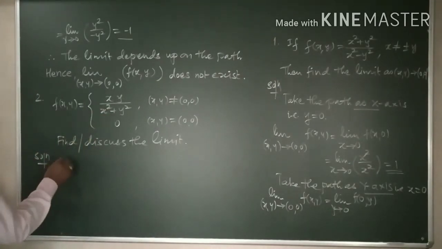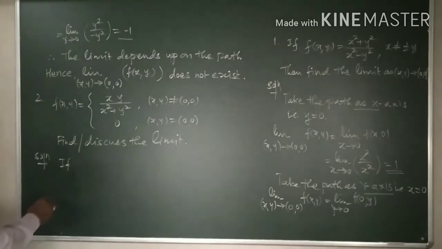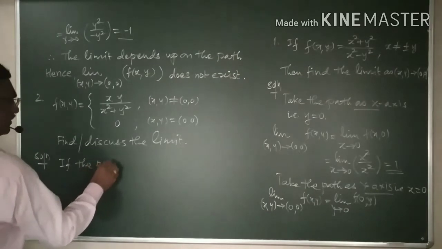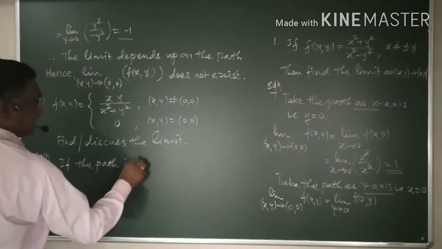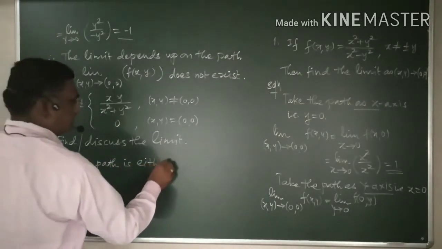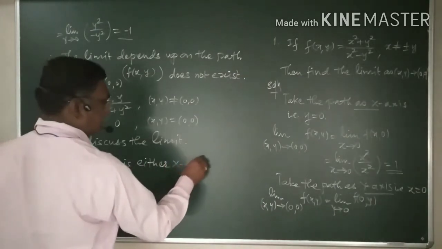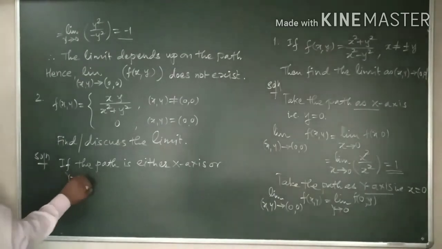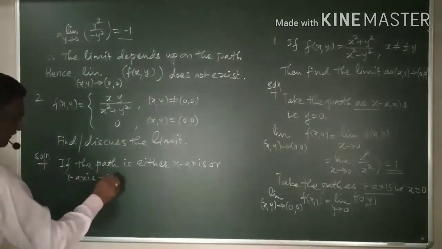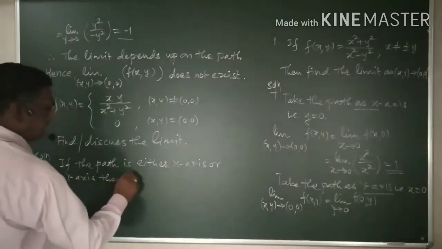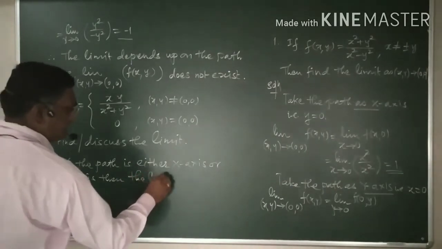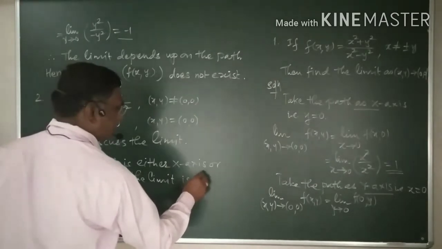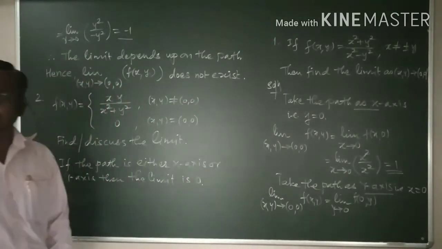Now, if the path is either the x-axis or the y-axis, then the limit is 0. Why?